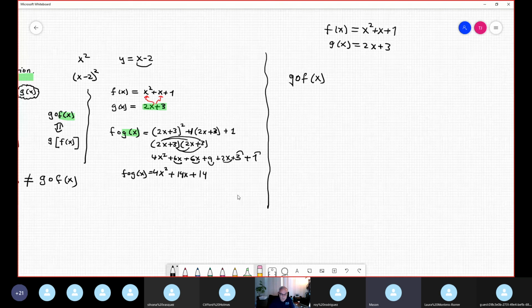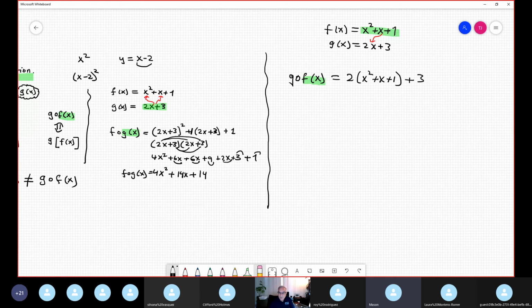Then I suppose that the first function, which is f in this composition, goes inside g, the argument of g. So this function, totally the green, goes here. It's easy because you have only one x. So what is the answer? The answer is 2 times something, no x anymore: x squared plus x plus 1, plus 3.